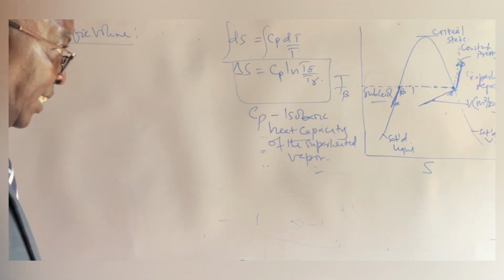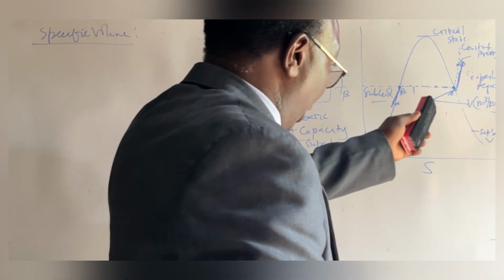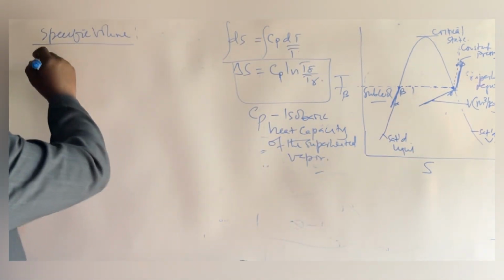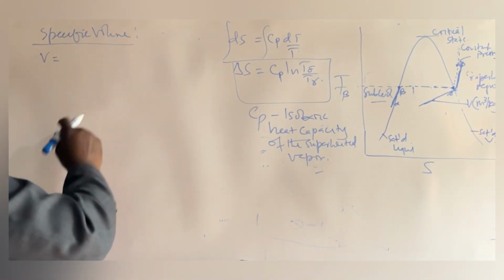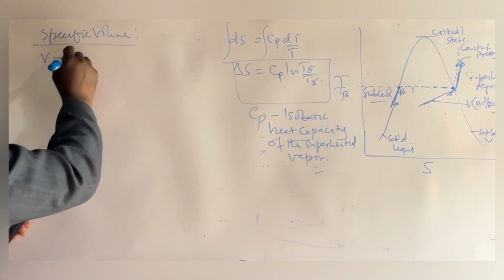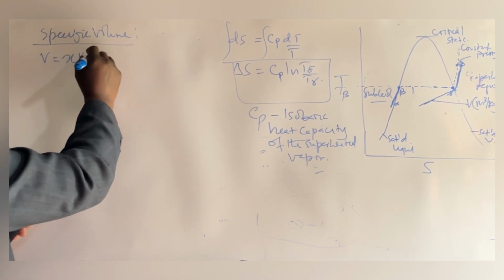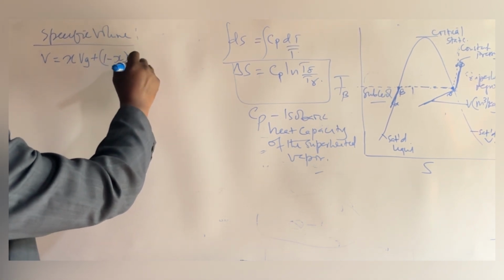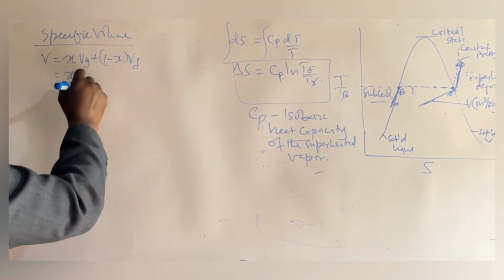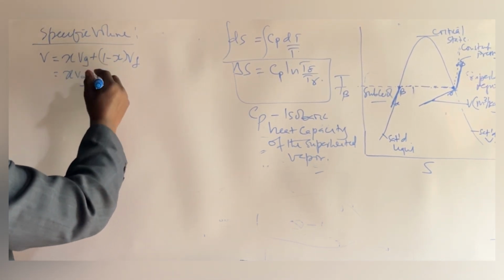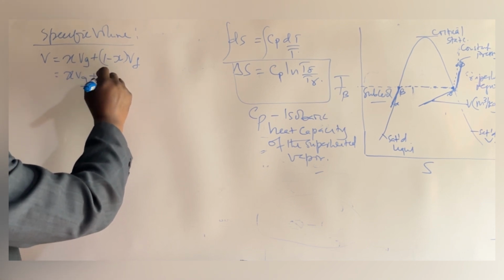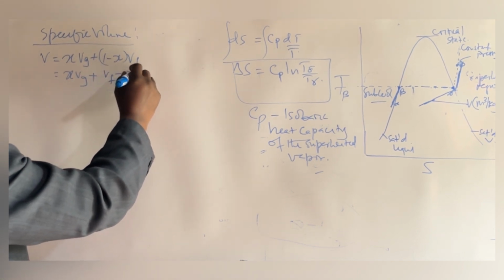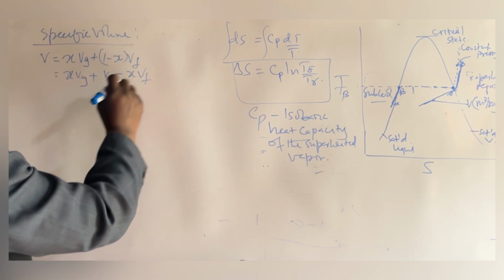Not forgetting that we had gotten expressions for specific volume. We say that if we have X of vapor and 1 minus X of liquid, then V equals X Vg plus (1 minus X) Vf, the specific volume of the liquid.